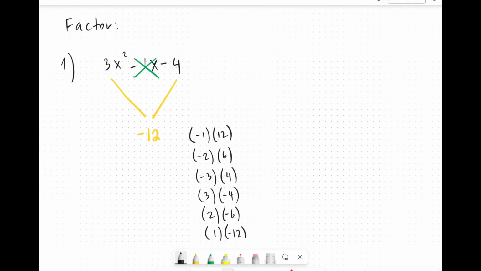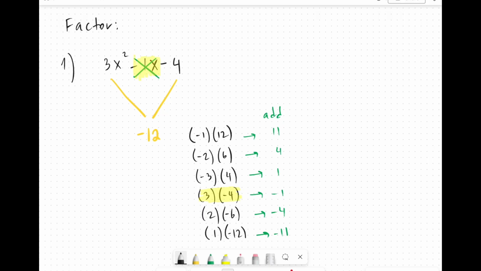And then you will go through addition of each pair of these numbers to see which pair also adds to the number in the middle, which is negative 1. So the pair of numbers that we will use to replace negative 1x with is 3 and negative 4.